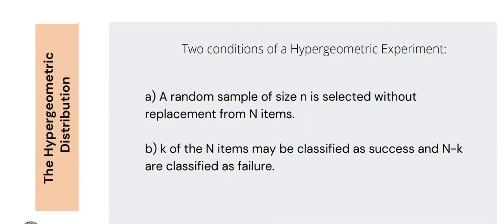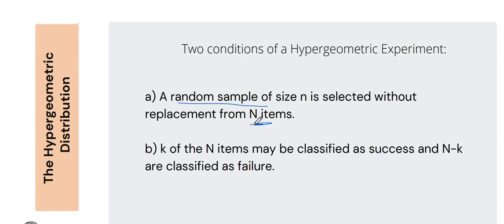Okay, so now we go to the hypergeometric. Hypergeometric has two conditions here. It is about a random sample, so the keyword here is random sample. I hope you still remember these terms, because I already explained random sample and population in chapter 1. A random sample is actually a small group. For example, we have a big group, with capital N here, the total of everything, like the whole UTEM.